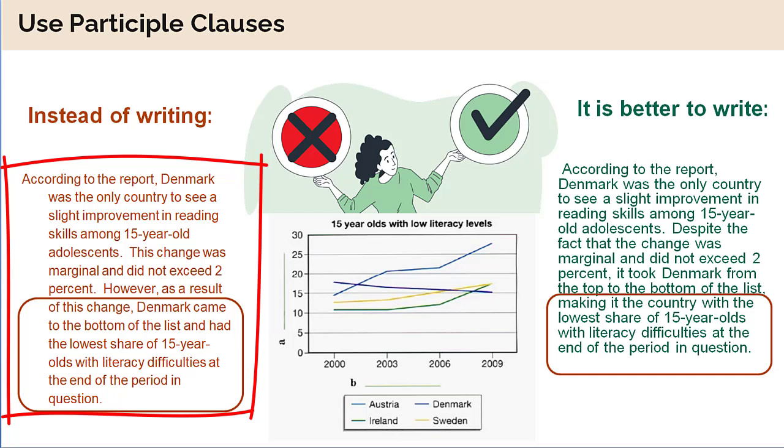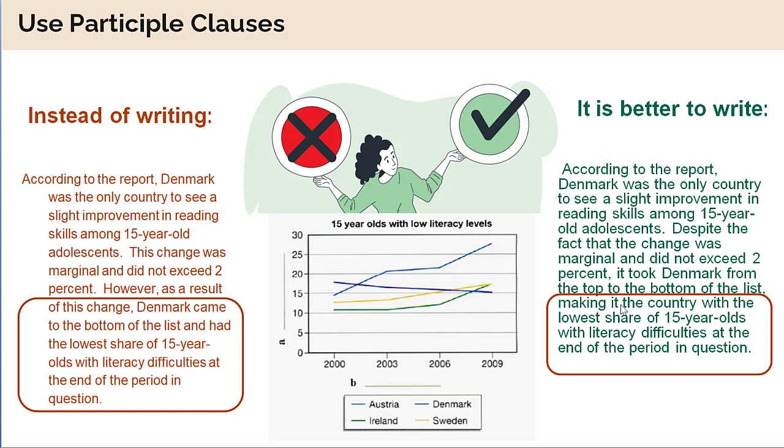This change was marginal and did not exceed 2%. However, as a result of this change, Denmark came to the bottom of the list and had the lowest share of 15-year-olds with literacy difficulties at the end of the period in question.